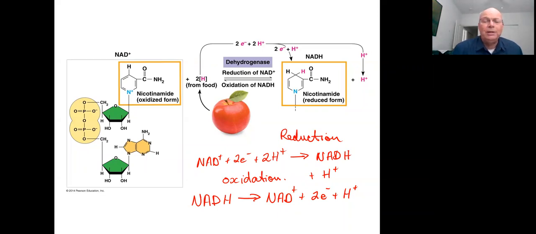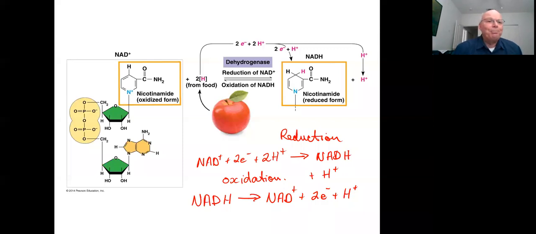So we store the electrons temporarily in the NAD+ NADH shuttle. So the NAD+ picks up the electrons from one location, gets reduced to NADH, shuttles the electrons, i.e. energy, to another location, surrenders those electrons, gets oxidized back to NAD+, returns back to the original location again to pick up some more electrons to shuttle them across to where those electrons are required.